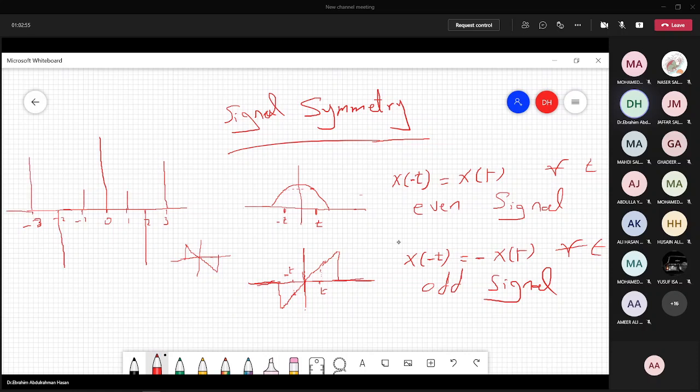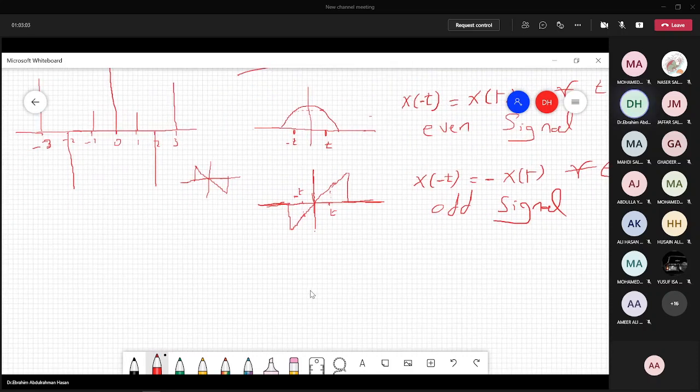So we call this even. For odd, this is n, 0, 1, 2, minus 1, minus 2. Whatever we have at 1, we have the same value but with opposite sign. At 2, then at minus 2 will be opposite. Same for odd.